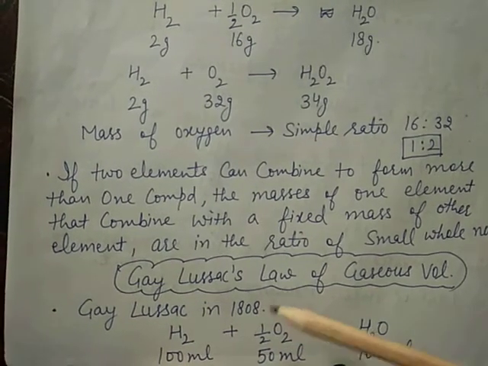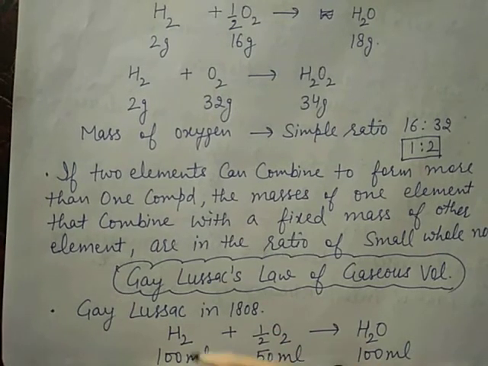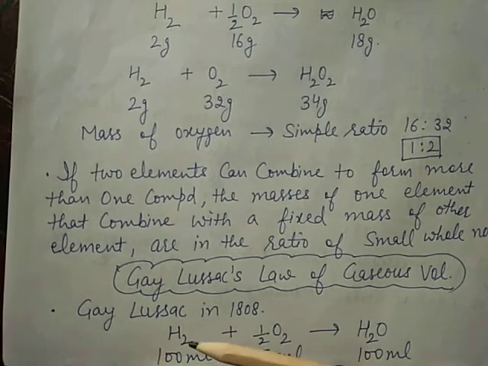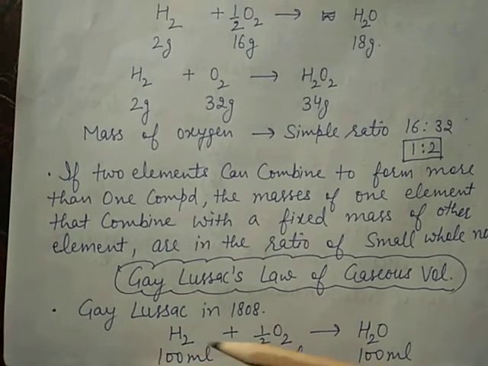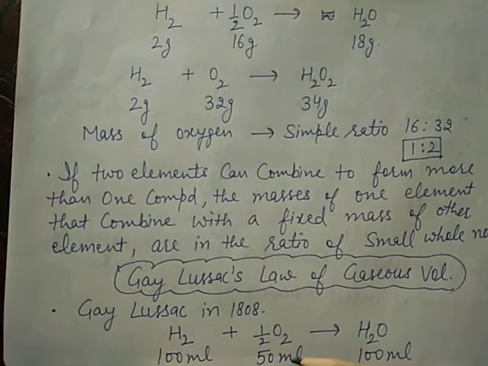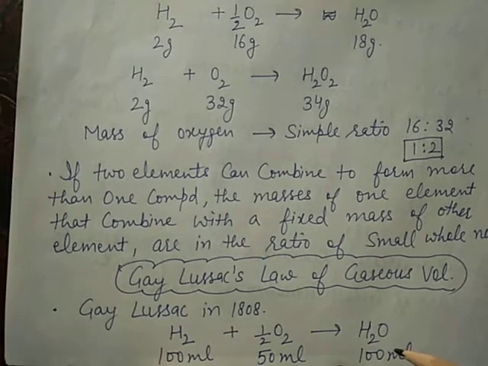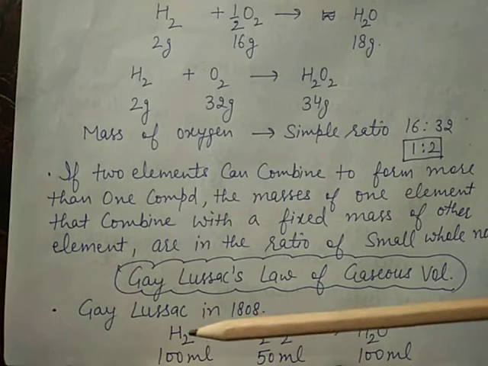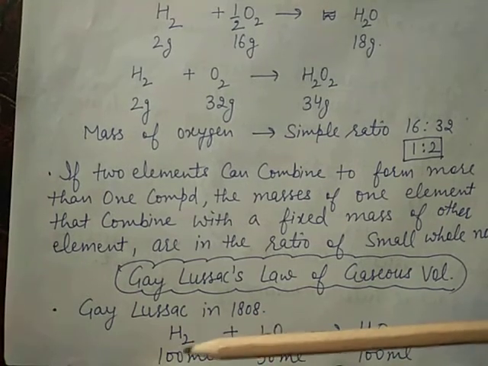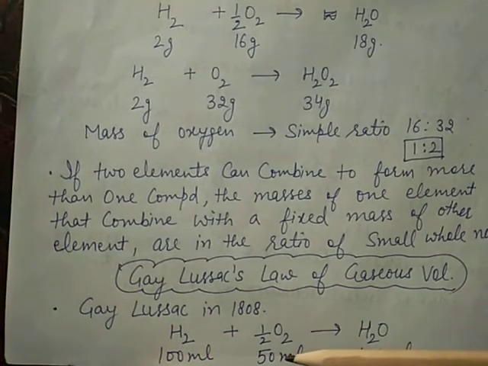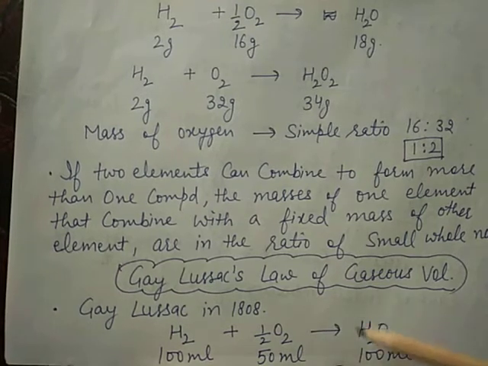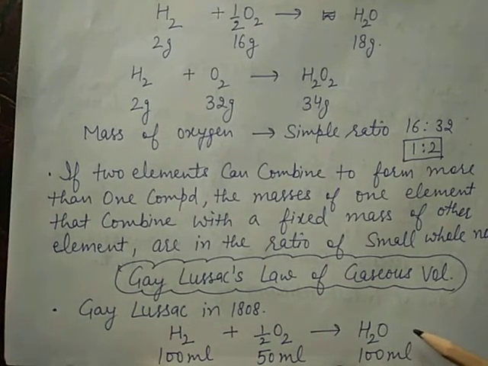Like this: 100 ml of hydrogen combines with 50 ml of oxygen to form water, that is 100 ml. It means hydrogen has 1 volume, oxygen has 1 volume, and water forms 2 volume.